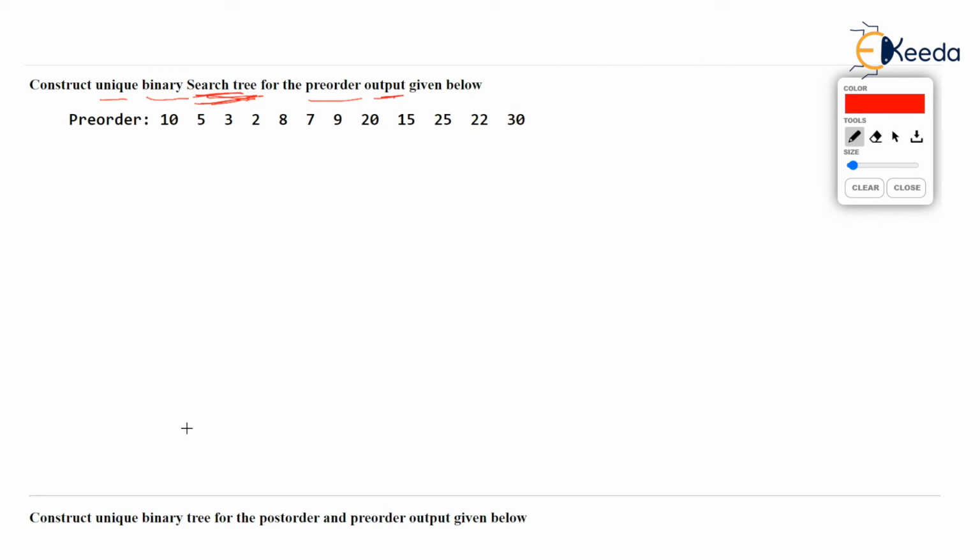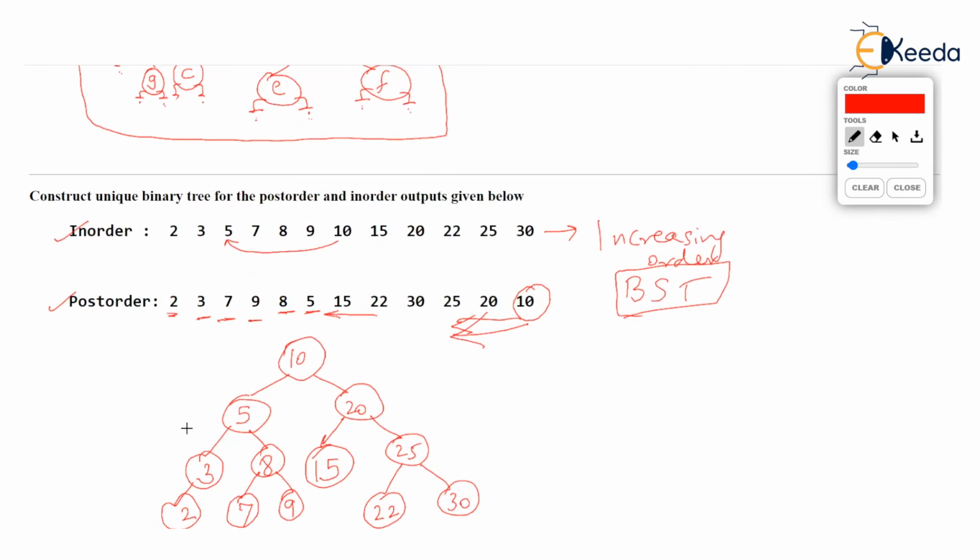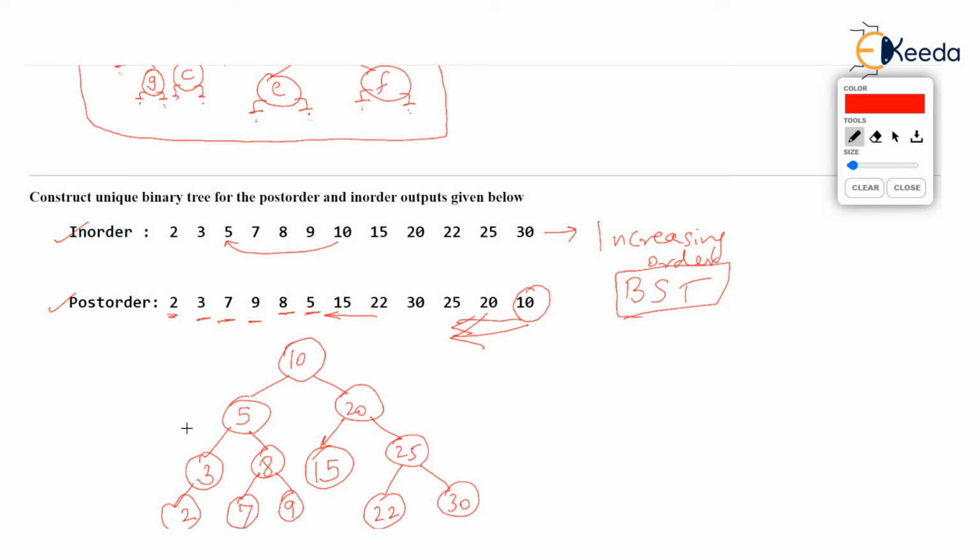Now why is in-order necessary in all the earlier exercises? See, in-order must accompany, whether post-order or pre-order is given, because only in-order traversal tells us whether a value is to the left of the root or the right of the root. Post-order and pre-order do not have that information.